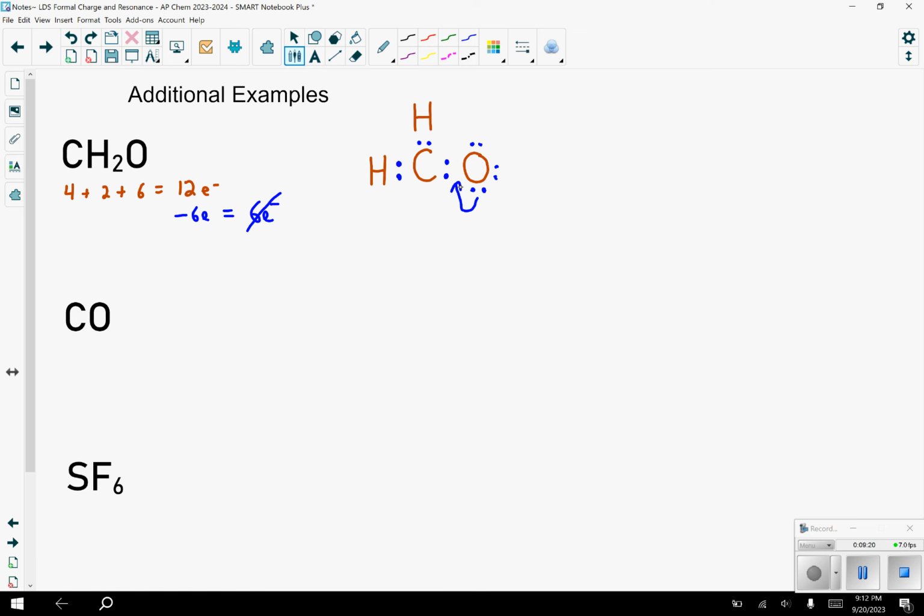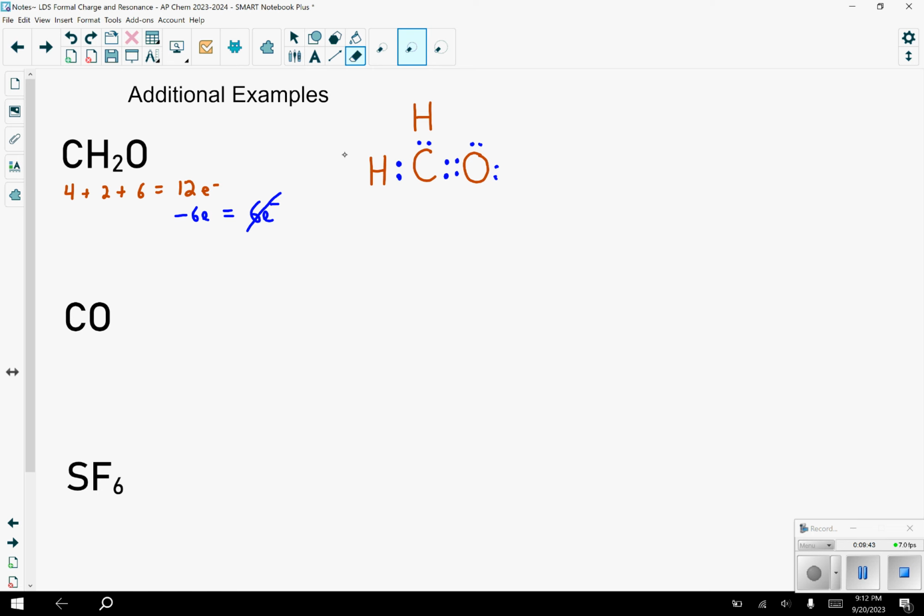And we'll take those electrons from that oxygen there, we'll move them into the share with carbon, and then we will erase these. It's best to do Lewis dot structures with a pencil. And then we see that the carbon has 8 electrons, oxygen has 8 electrons, hydrogen is happy with 2.